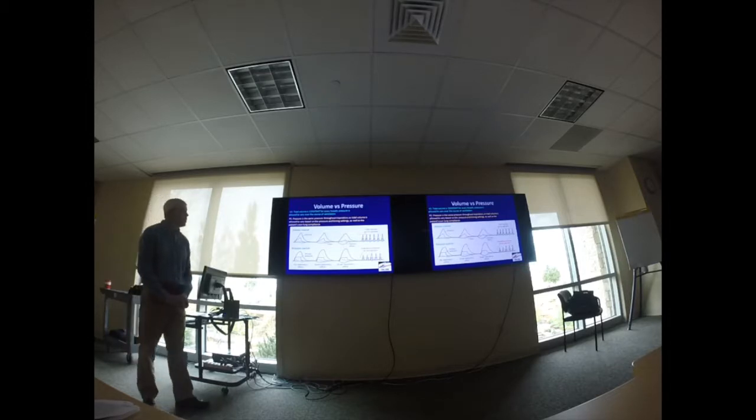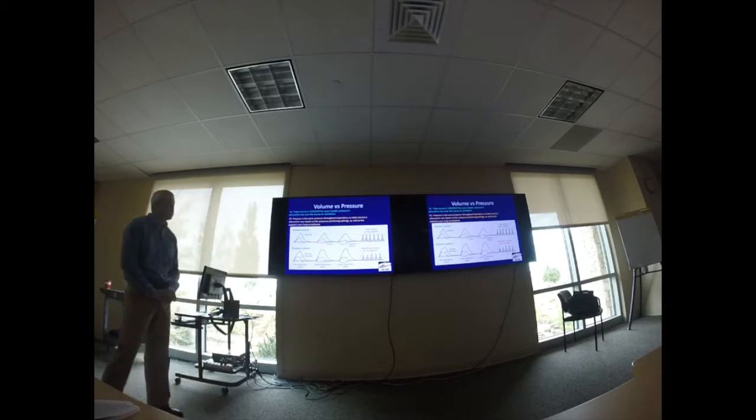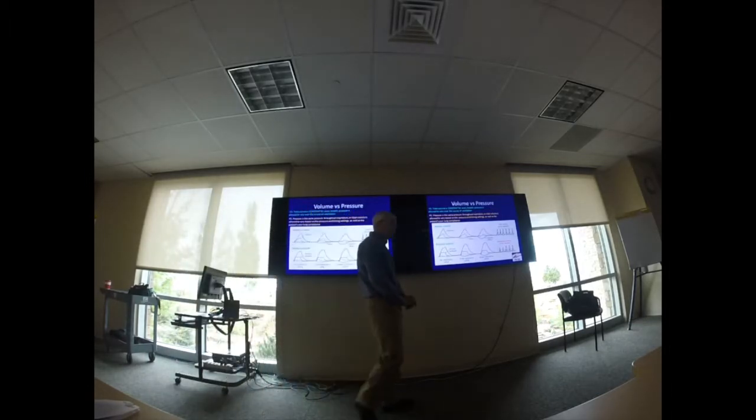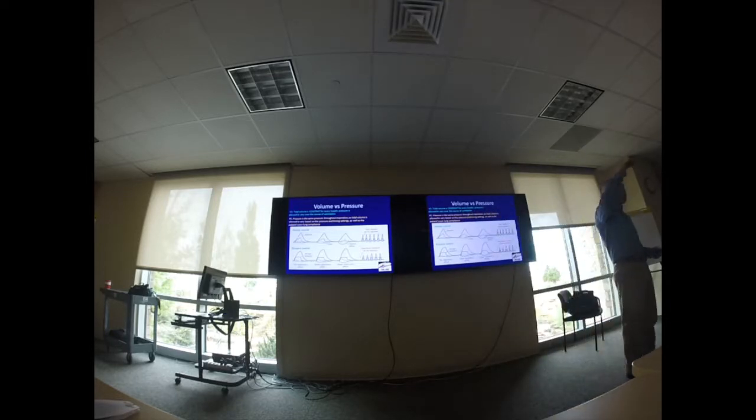Pressure control is the same pressure throughout inspiration, so tidal volume is allowed to vary. I set the pressure. I say, I want to give a pressure of 15 or whatever, and then it's going to deliver a volume up until that pressure, okay? So I don't know what the volume is going to be.